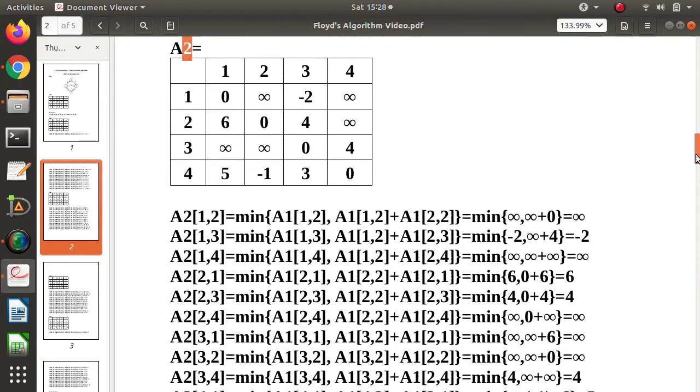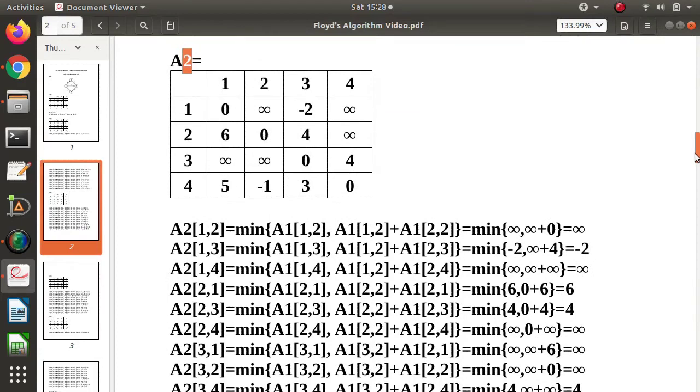Again, the same formula we are applying. So look at this. In this case, we are calculating the weight or cost between vertex 1 and 2. This is the value from the previous matrix. Here we are calculating values for A2, so the previous matrix is A1, right? We are checking whether this value is improved or not.